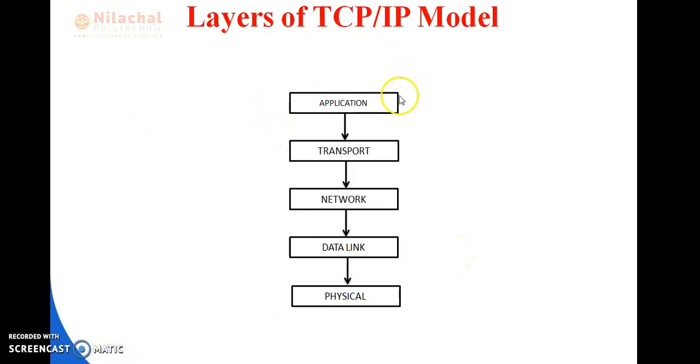So let's see what the application layer is. The application layer is the topmost layer in the TCP/IP model. It is responsible for handling high-level protocols and issues of representation. This layer allows the user to interact with the application.